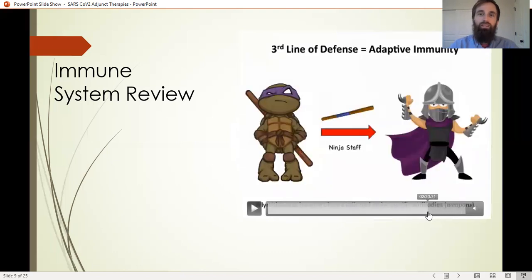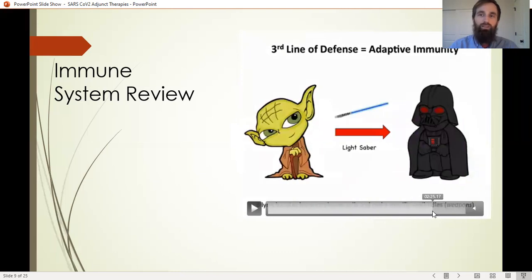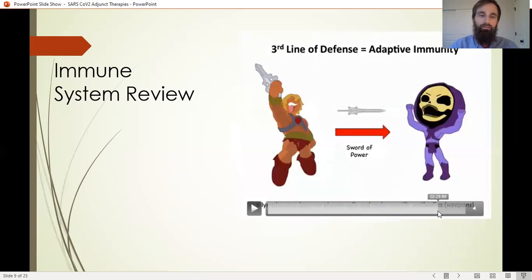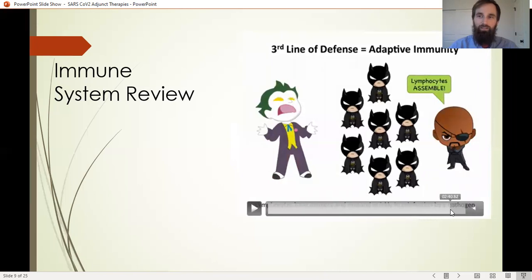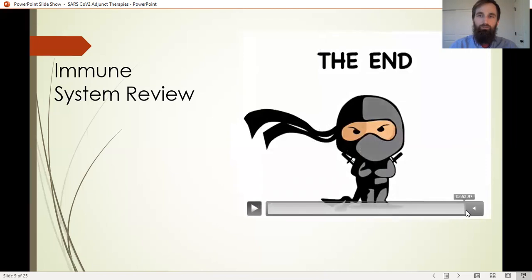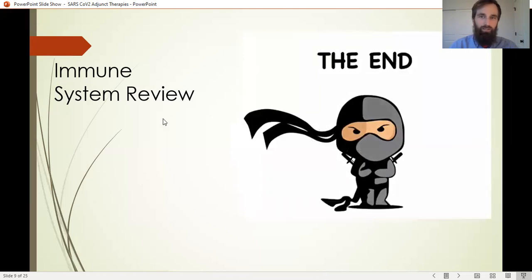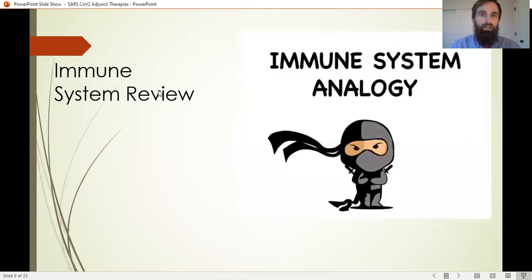Each one of these antibodies is used to specifically combat a pathogen, and that wraps up the immune system analogy. That was presented just as a quick review.